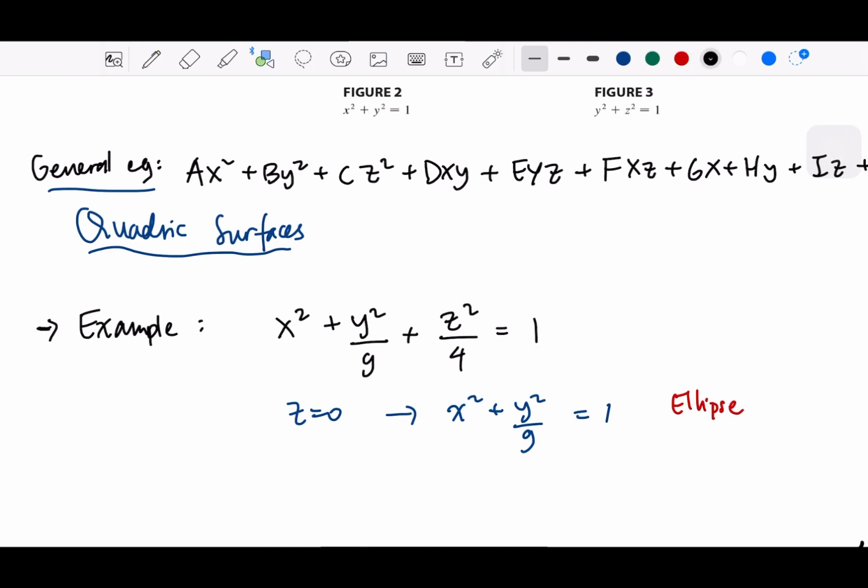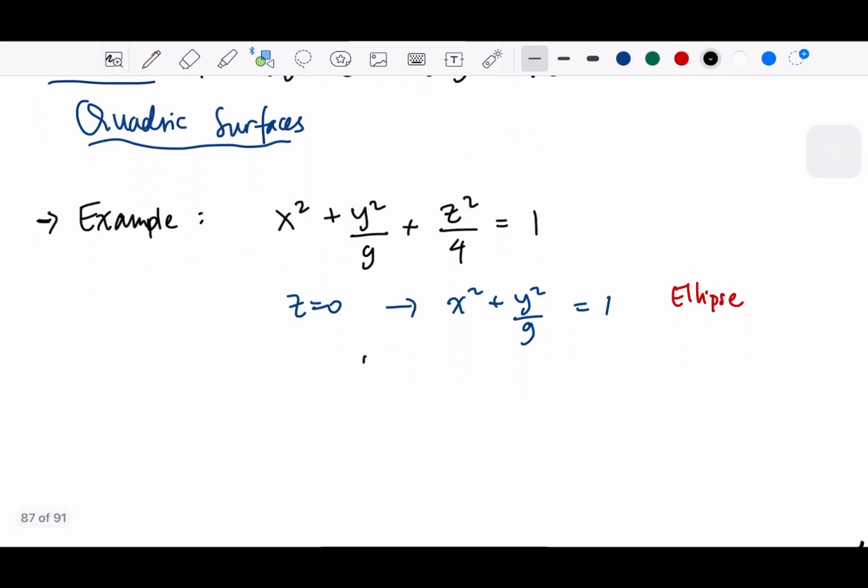So basically we can try to, okay, this will be z, and xy. Okay, so x is only 1, right?